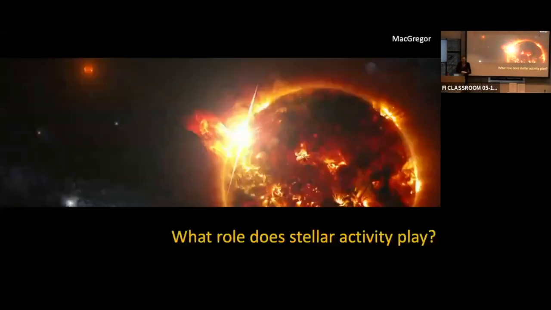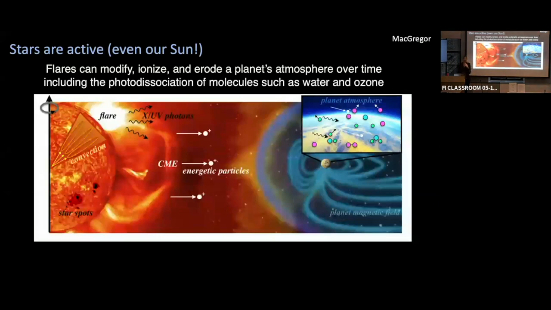Okay, so let's take an abrupt turn into stars. In the middle of all these images that I showed you was a bright point source, which is the star, which might not immediately seem especially exciting, except that stars are active, right? Our own sun sends out bursts of high energy radiation, what we call flares, and charged particles called coronal mass ejections. Those travel through space and hit Earth's magnetosphere.